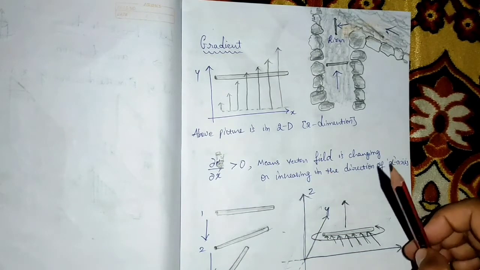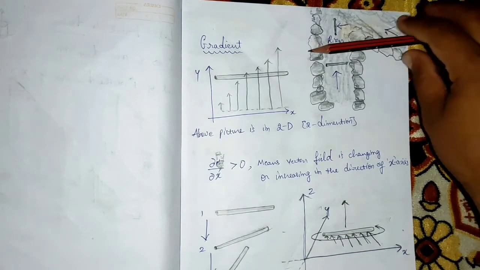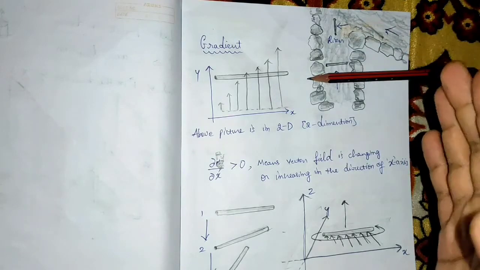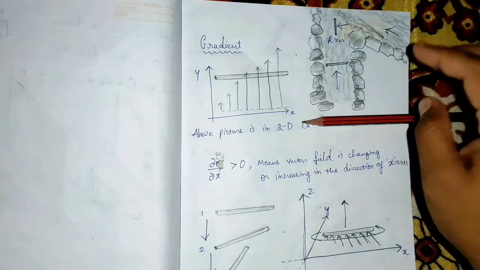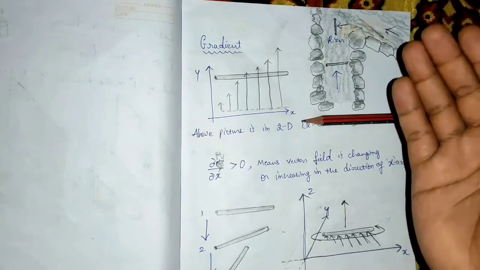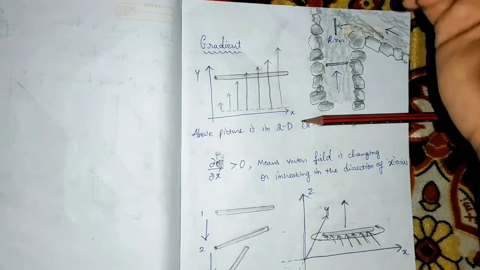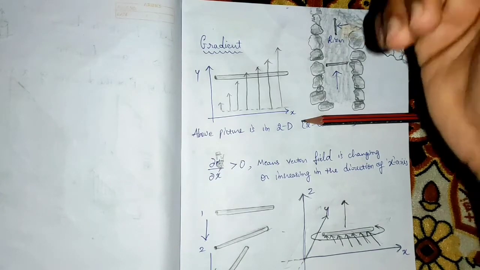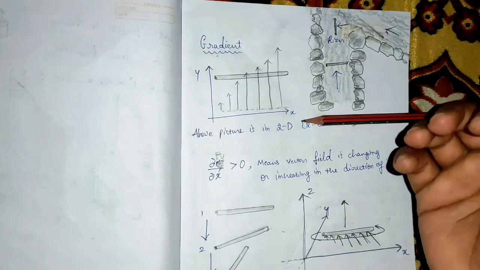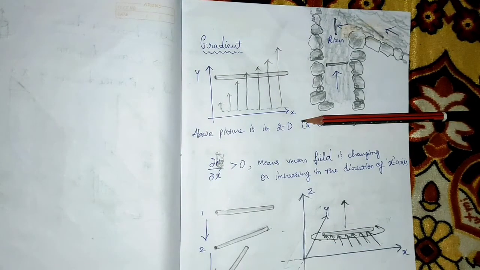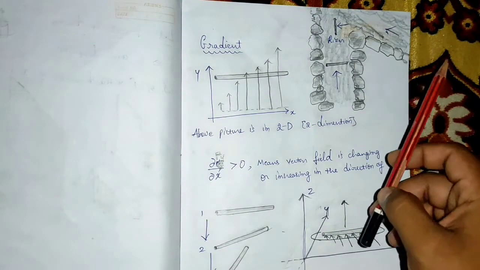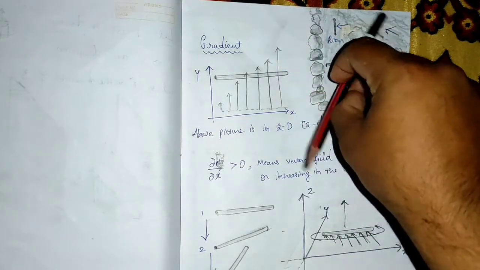What it means is, there is a force along the x-axis, in this direction. If you go in the y direction, that force will increase. That gradient of Fx, which is increasing in the direction of positive y-axis, will rotate the stick by another half. Okay, so now there will be one complete rotation.